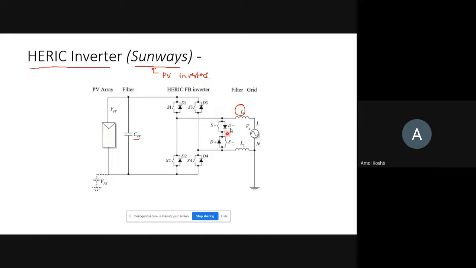So what change have they done here? They have added two switches here, which are anti-parallel to each other. They have patented this by adding the IGBTs here.